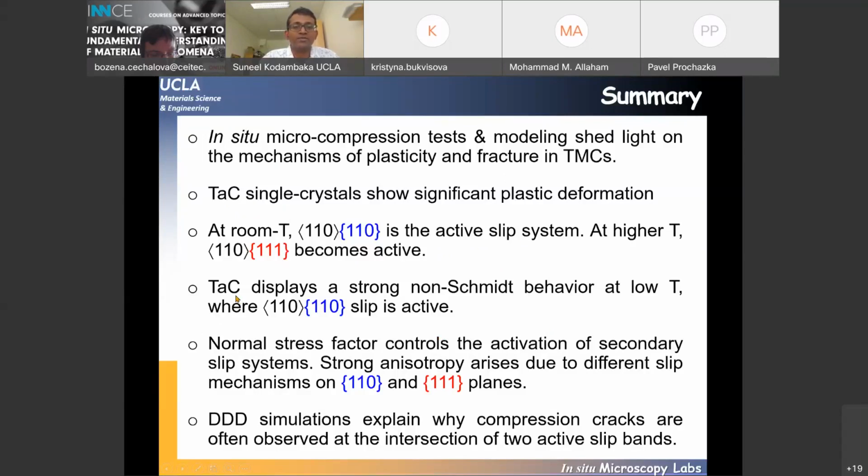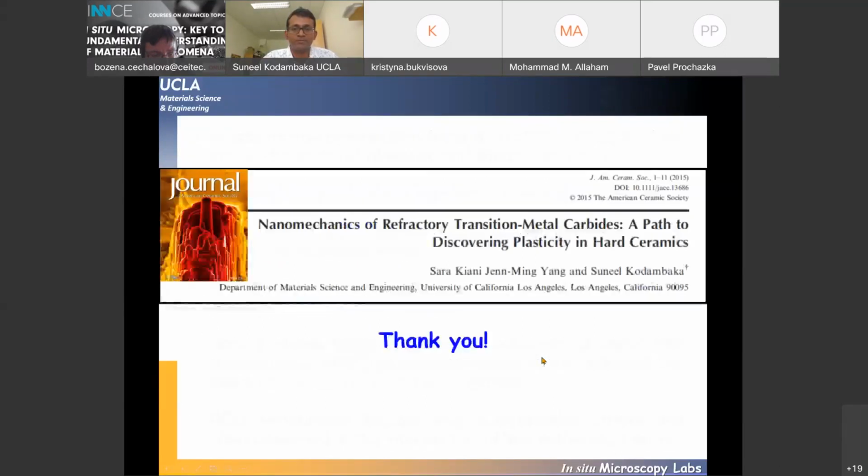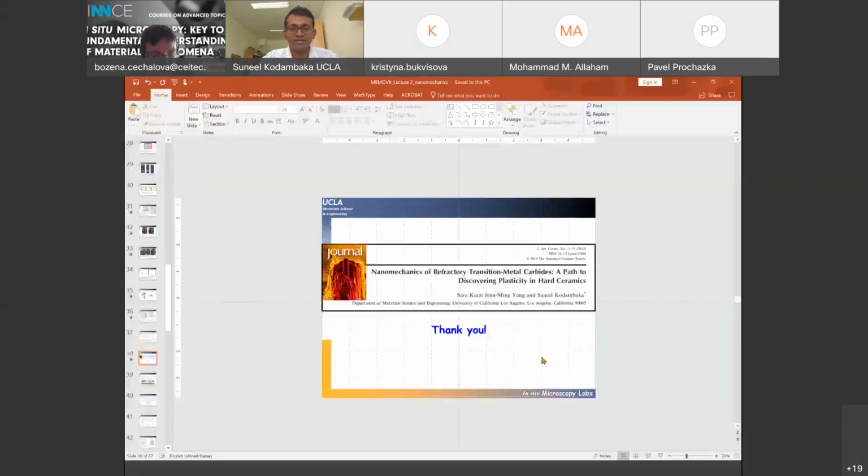And within group 5, we observe a highly anomalous slip activity, which we think is because of this normal stress that contributes during compression of these crystals. With that, I'm going to stop. Thank you for your attention, and I'd be happy to take any questions you may have.